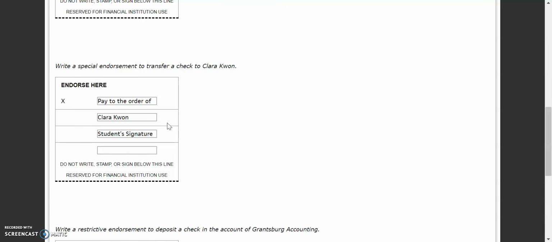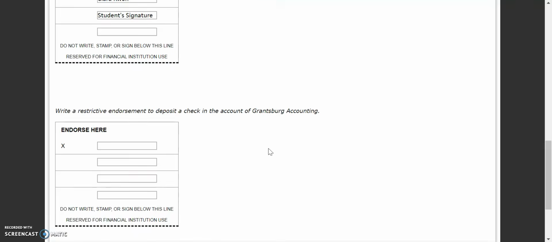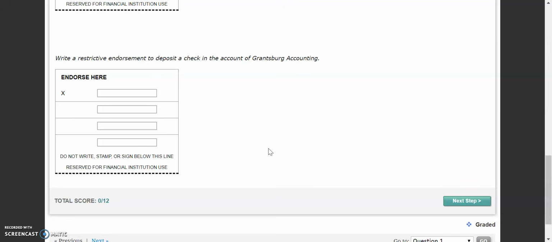And our third and final one is a restrictive endorsement. A restrictive endorsement is where we stop the transfer of ownership, and typically it's where we want to make sure it goes directly into a certain account. Whether we have the account number or just the account name will depend on the instructions, so make sure you read that carefully.